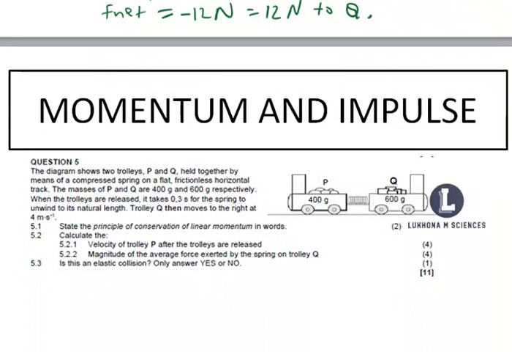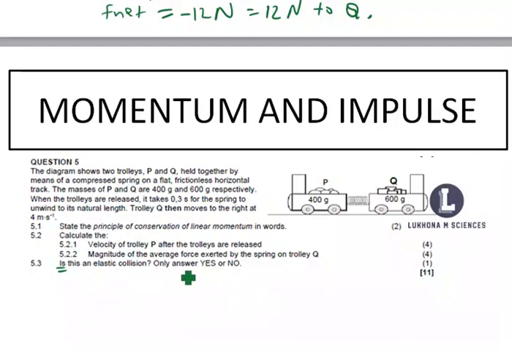The following question says, is the collision elastic or inelastic? I will only write yes or no. Now, there is no need to calculate here, because if the collision is elastic, the sum of kinetic energy initial must be equal to the sum of kinetic energy final.